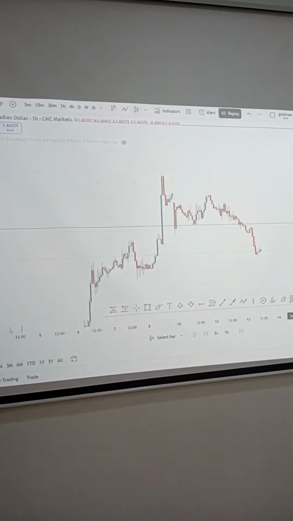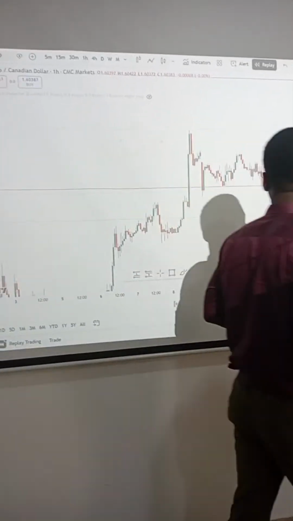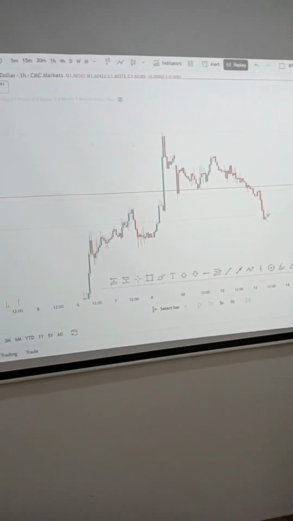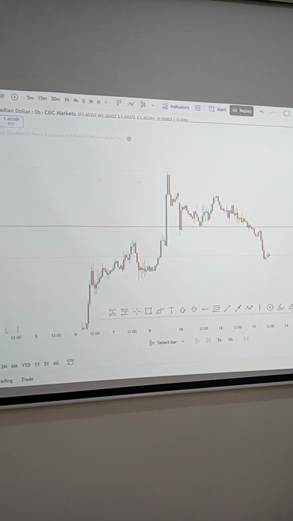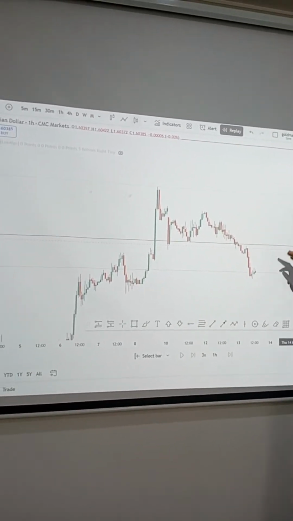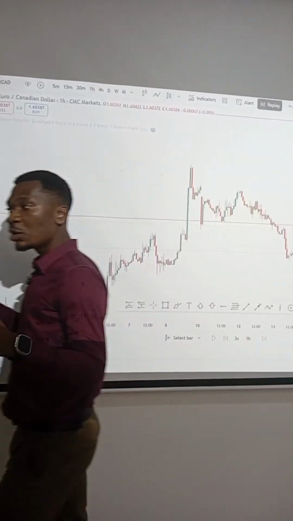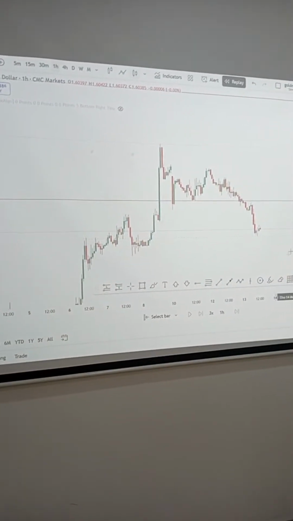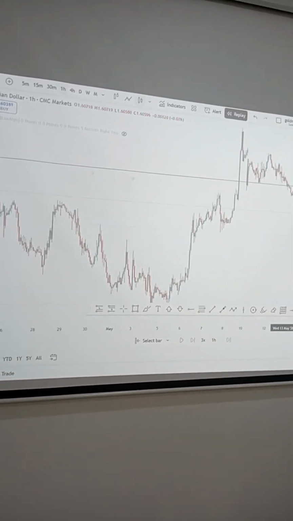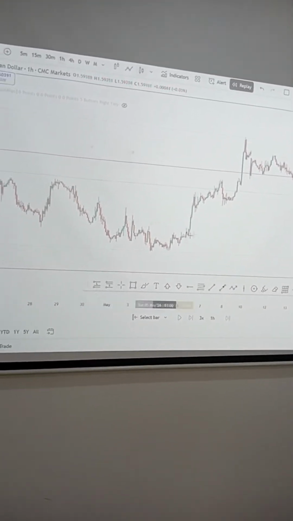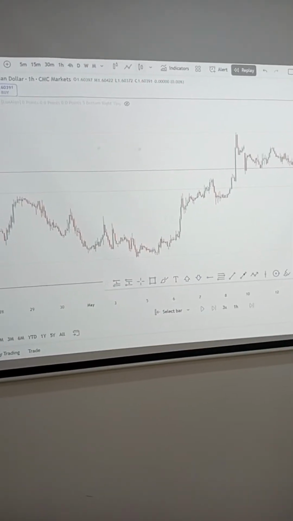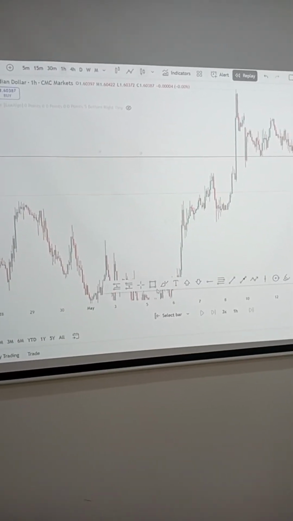The same thing we saw on a daily time frame, if I want to plot this level now, how will I plot it? Just the same way I plotted it on a daily time frame. Because if the market is beginning to come down, it is going to be reacting to all of these levels right here. So that's exactly the same thing I'm going to be doing.